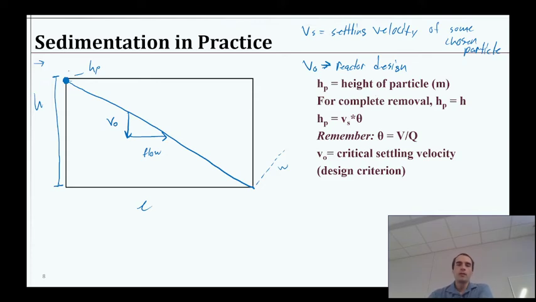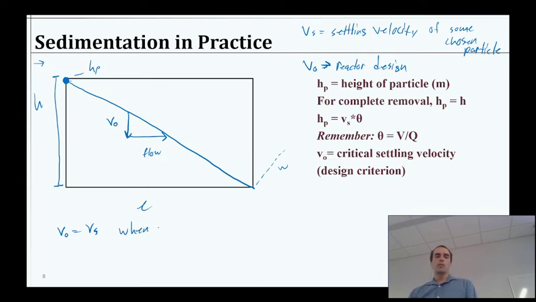In order to design a reactor this way, say we want, for a moment, to set V naught equal to Vs in order to remove a particle at the top of the column. That means if that one's removed, everything else is going to be removed, right? If this particle here gets removed, anything that's falling at the same speed or lower, if I draw that parallel, is also going to be removed. So that's why it's critical. That's the key point.